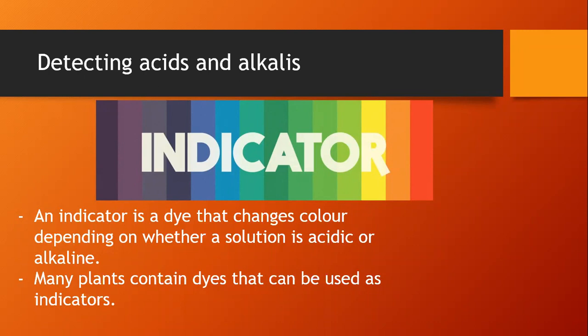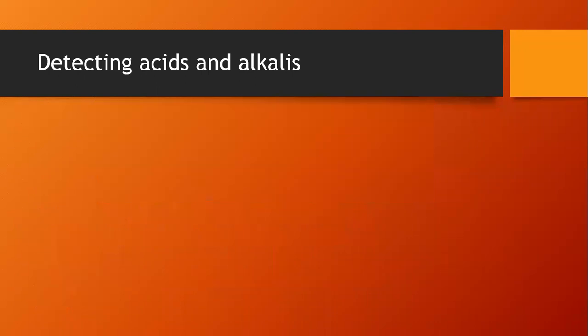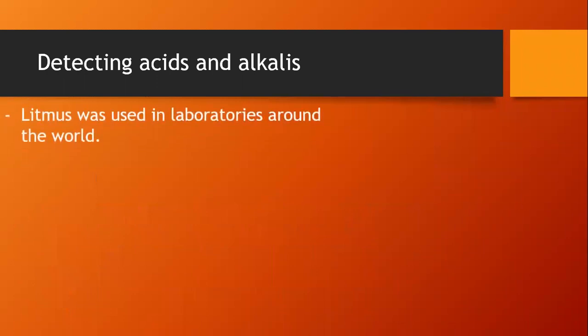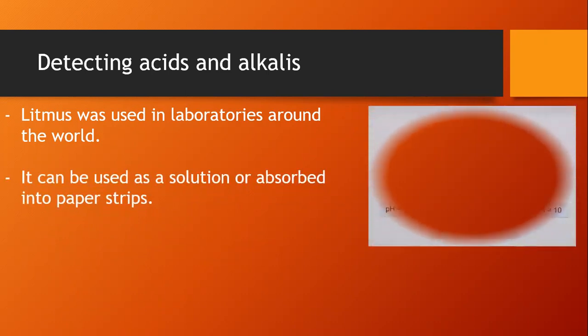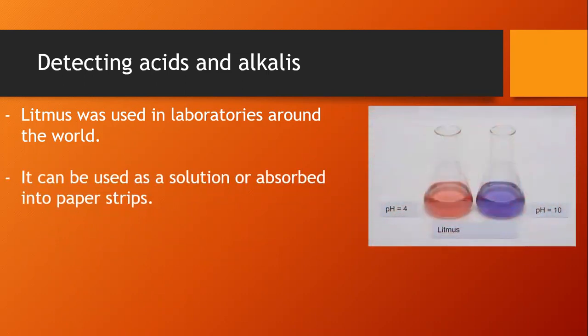One of the indicators used is called litmus, which is the dye of specific flowers. The litmus is originally purple, but sometimes they make two different colors out of it: the pink or red color and the blue color.